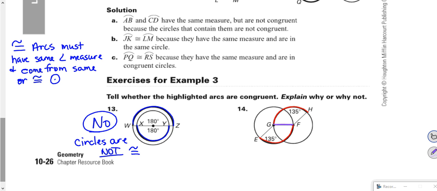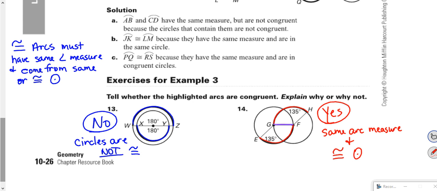Okay, the circles overlap to where they share the same radius. So this is a yes. They have the same arc measure and congruent circles. That's what I would say.